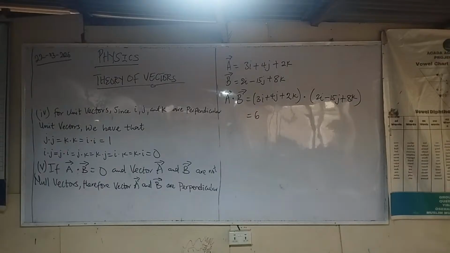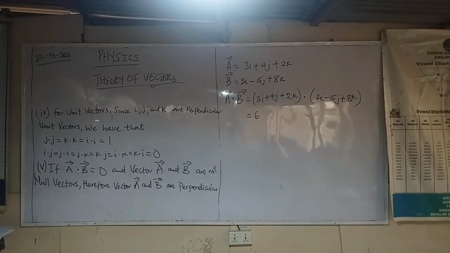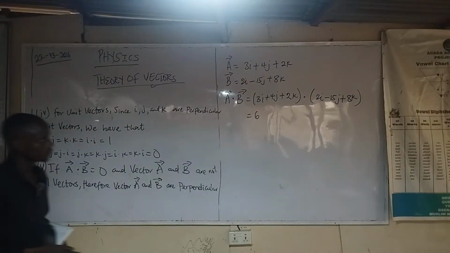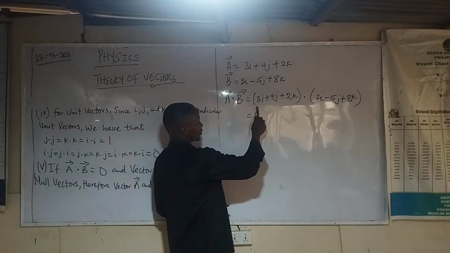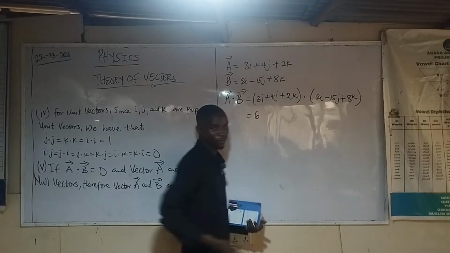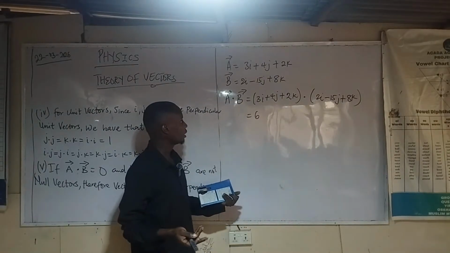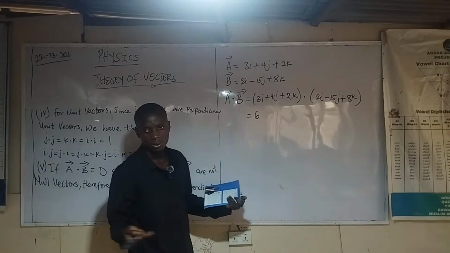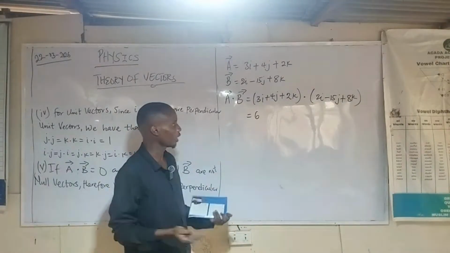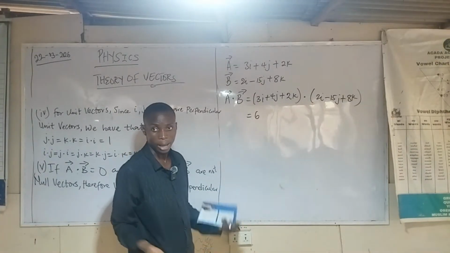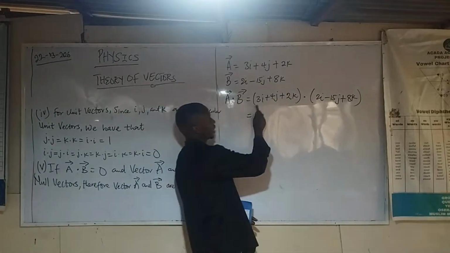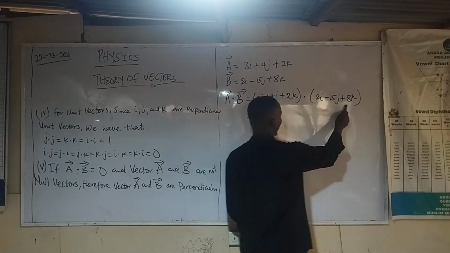I times j is what? 0. Because 3 times 15 will give us 45, and that's minus 45. I times j is 0. 0 times minus 45 is still 0. 3i times plus 8k.